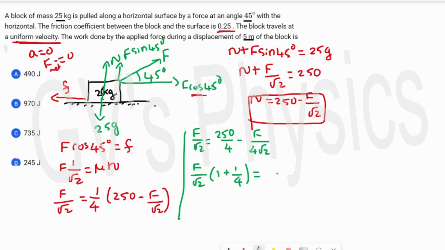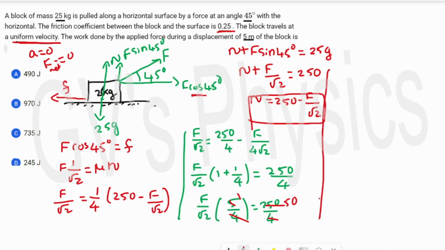If you cross multiply, F by root 2 into 5 by 4 is equal to 250 by 4. We can cancel 4 on both sides, and this is 1 and it's 50. Taking root 2 to the opposite side, we can write F is equal to 50 root 2.